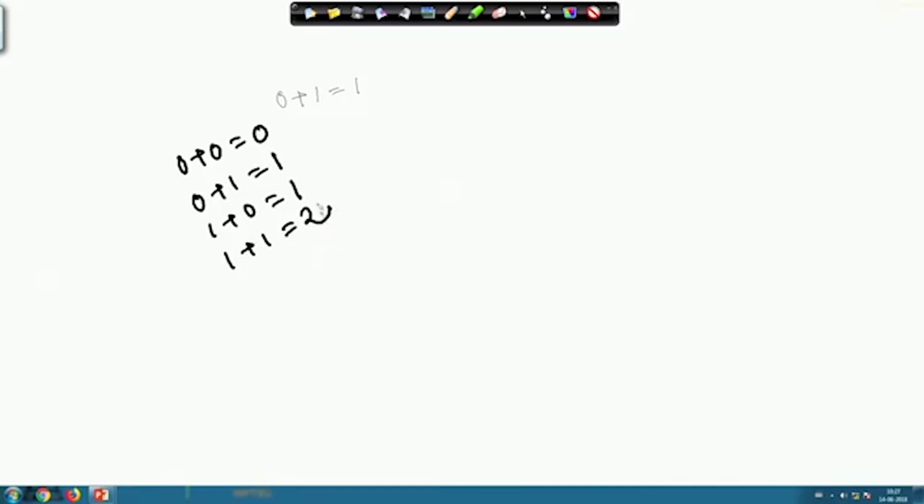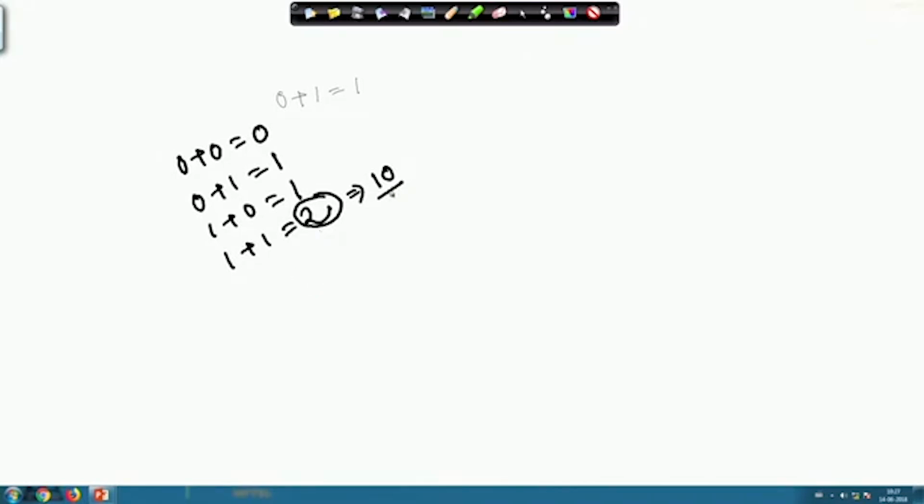In binary we cannot represent this 2 using a single bit, but we can represent it using 2 bits. So, 2 can be represented as 1 0 in binary coding style.